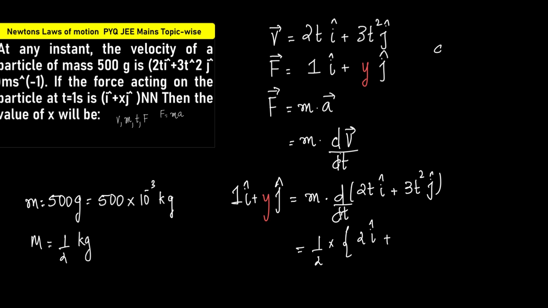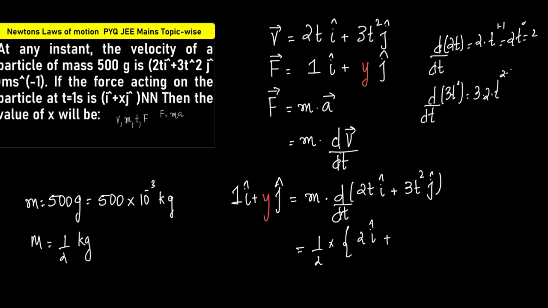Plus, okay, let me not skip steps here. So what is d by dt of 2t? It is 2 into t to the power 1 minus 1, which is 2 into t to the power 0, which is 2, right? And what is d by dt of 3t square? d by dt of 3t square is 3 into 2 into t to the power 2 minus 1, which is 6t, right?